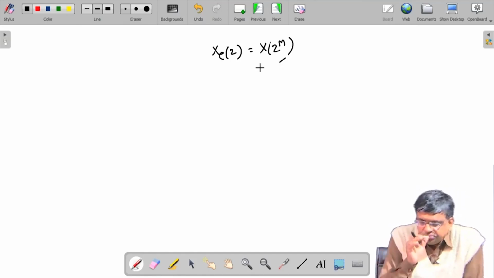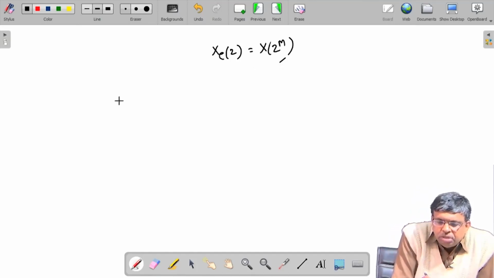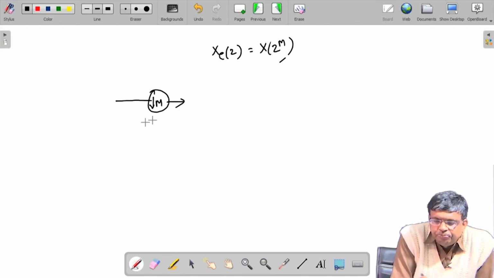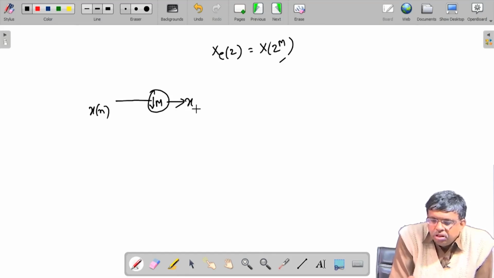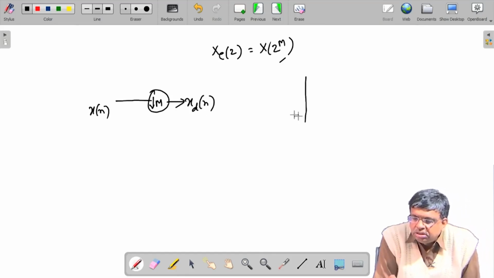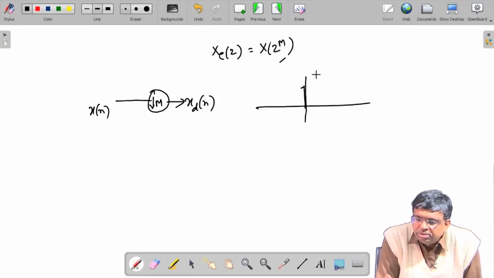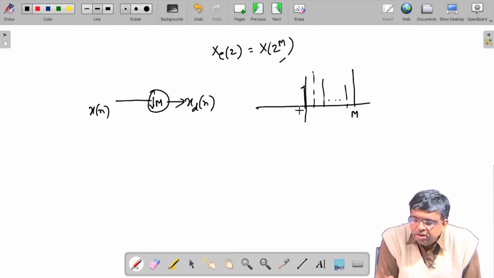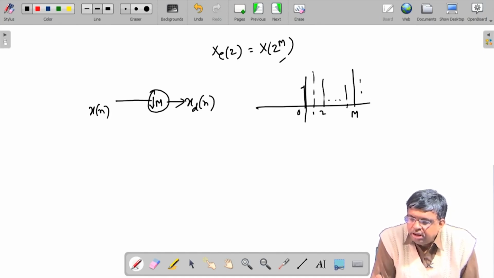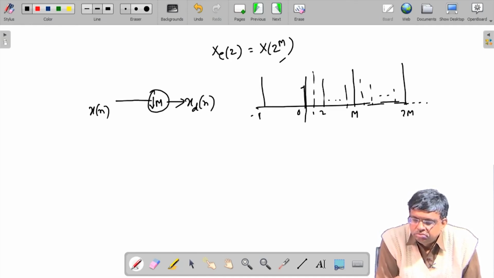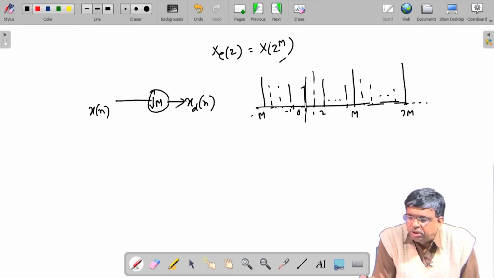This was done. There is one more issue called decimation, downsampling by an integer factor M. D for decimation, it means that suppose you had a sequence of samples: 0th, 1, 2, dot dot dot, this is the mth sample, then again many samples, this is the 2mth, and on the other side minus 1 and so on.